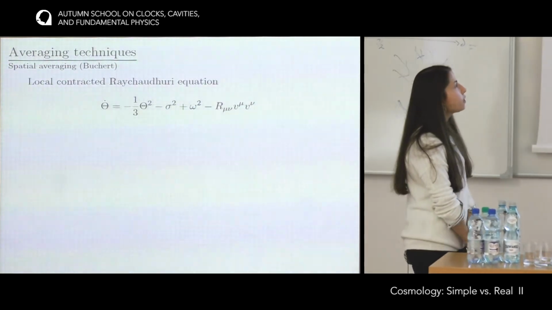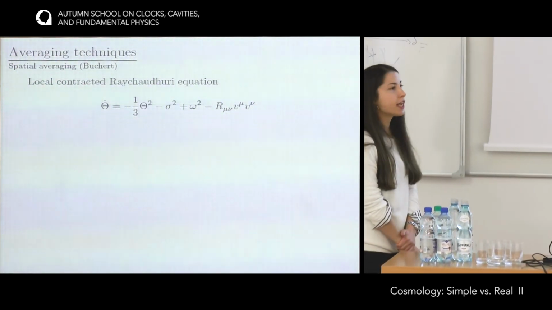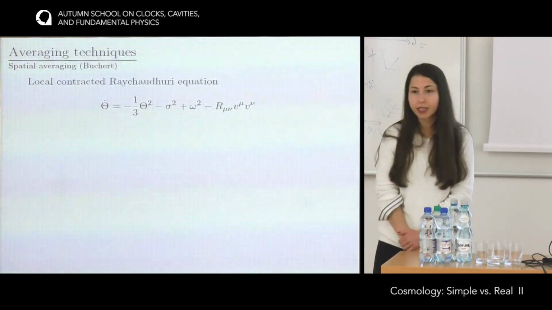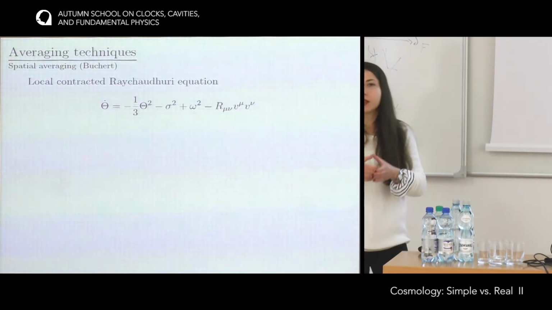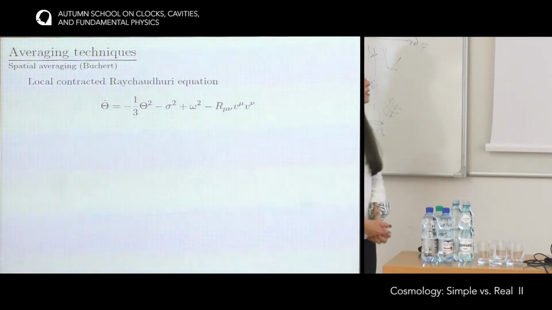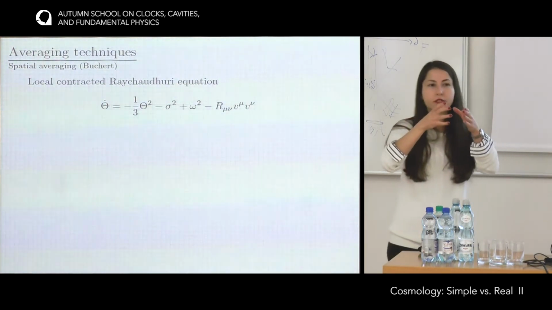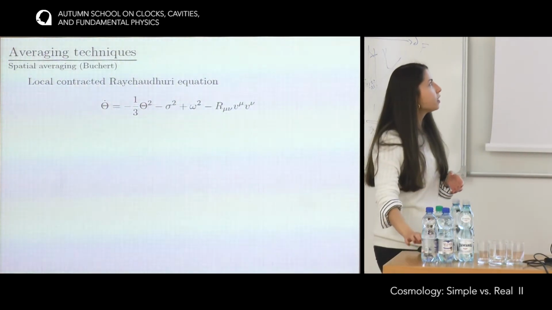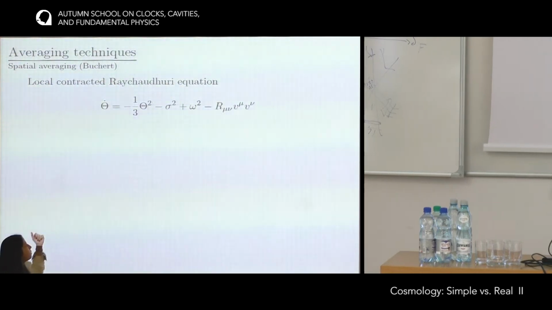So here the Raychaudhuri equation is relevant. That gives you the change in your expansion scalar. Let's say you have a congruence of matter particles, a bunch of world lines. If you want to see how the expansion of this congruence changes, you get the contracted Raychaudhuri equation.